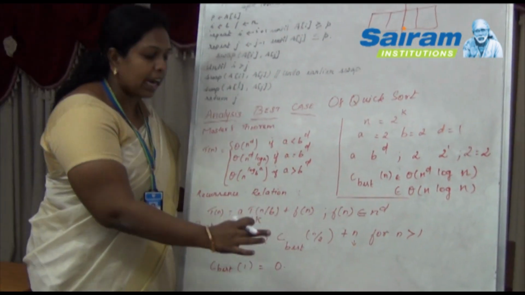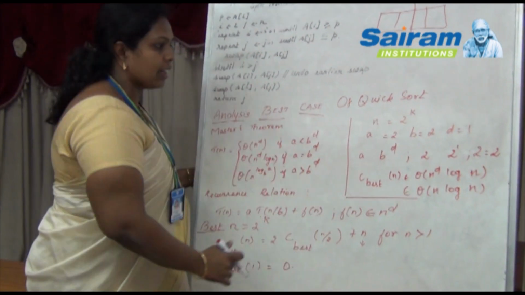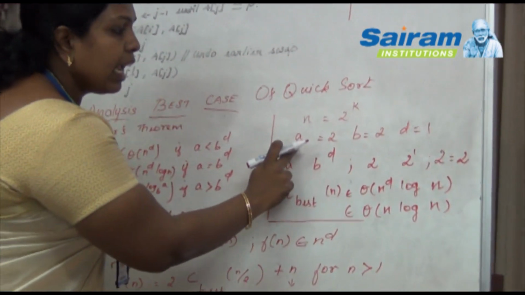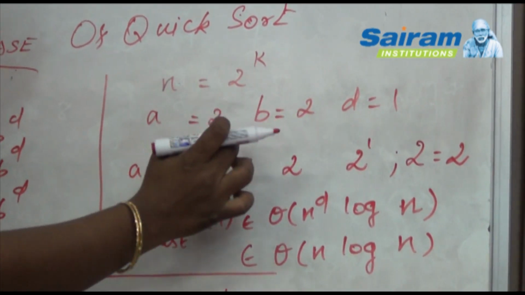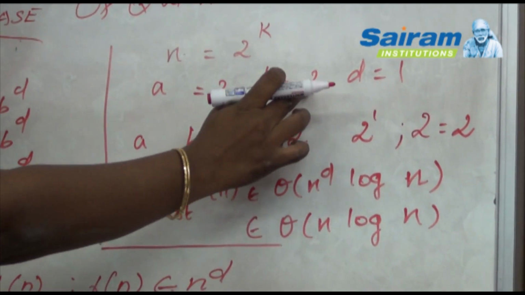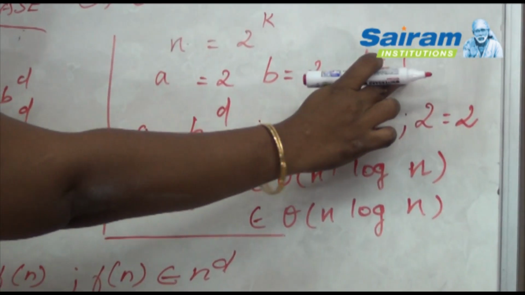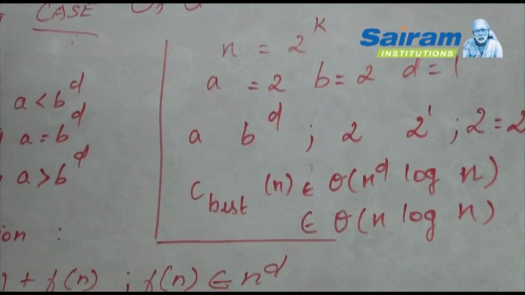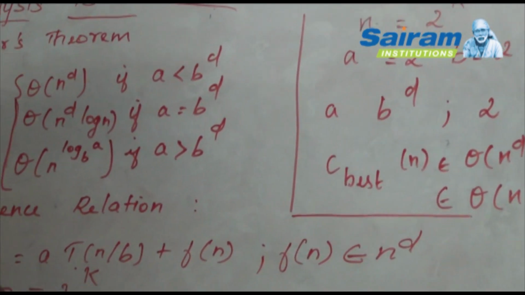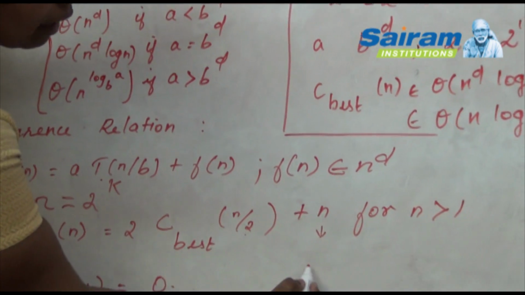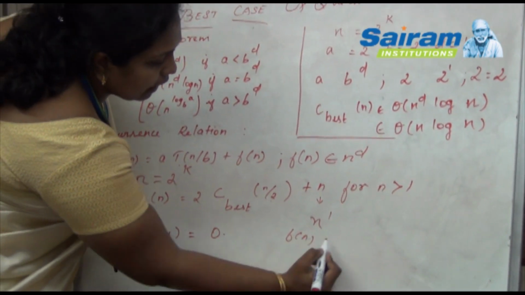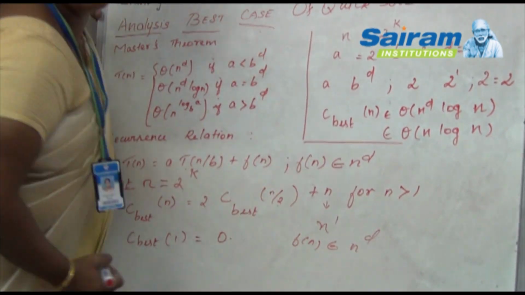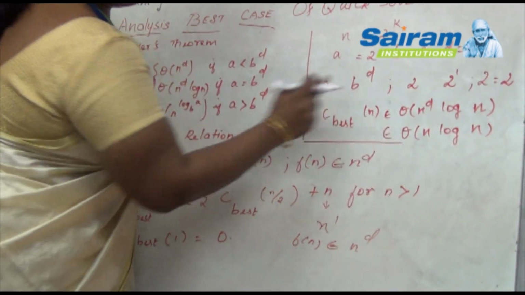Now we are going to find the efficiency class for this recurrence equation. Here, a equals 2, that is, we have to solve both the two instances, and the problem is divided into two halves, so b equals 2. And d equals 1, because to get n in this recurrence equation, it must be in the format n power 1, that is, f of n is an element of n power d. Therefore, d equals 1.